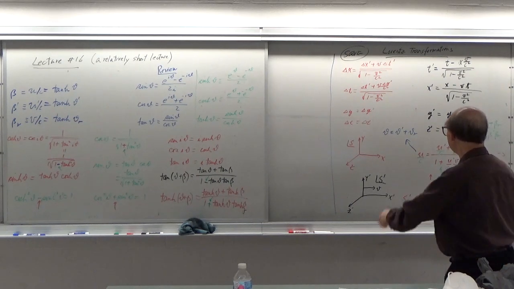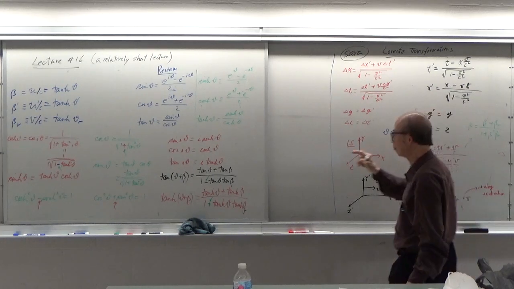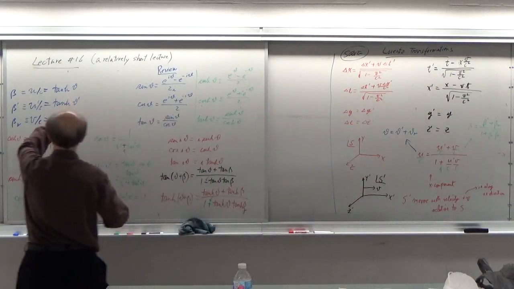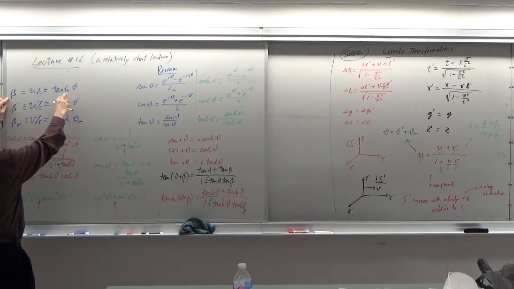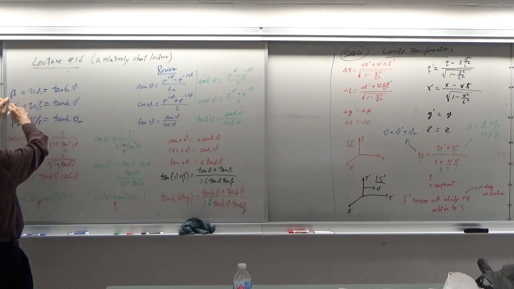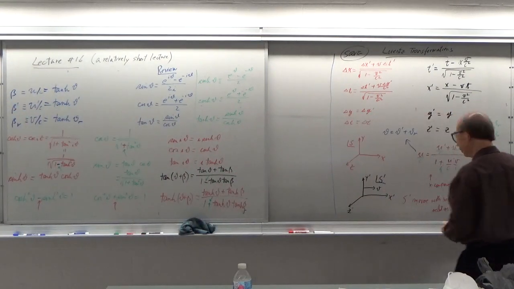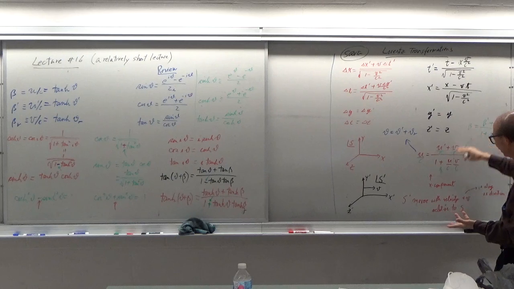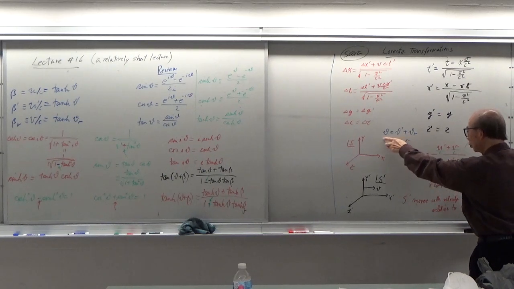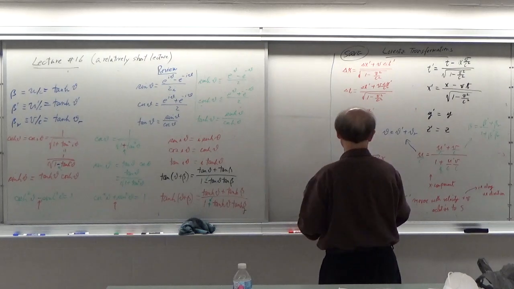But I'm going to claim that in fact, in terms of the angles, theta prime and theta r, defined here, so hyperbolic function of theta is beta, etc. Then, in fact, this complicated looking addition law of the velocity can be shown to be this. All right, let me show that.